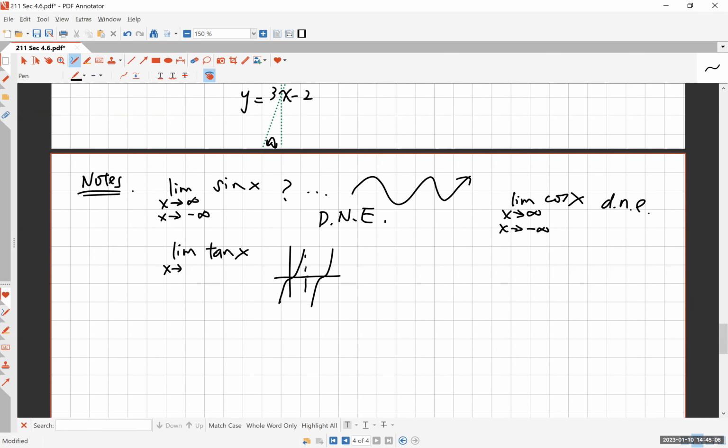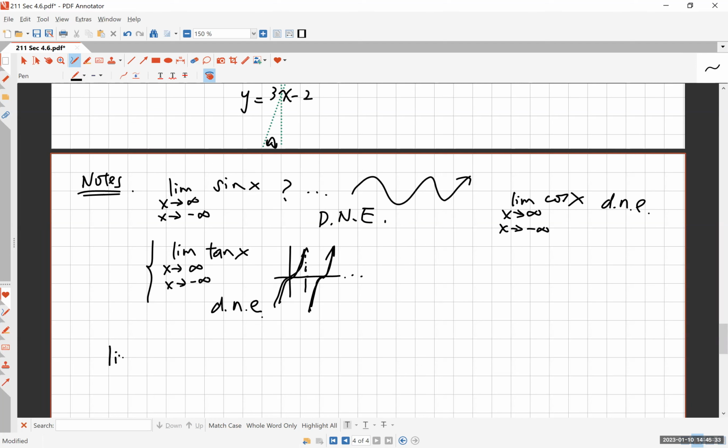Again, it goes really up from positive to negative to positive infinity, and then coming back from negative infinity to positive infinity. So the limits at infinity do not exist. Again, as x approaches infinity or negative infinity, the limit does not exist for these periodic functions.